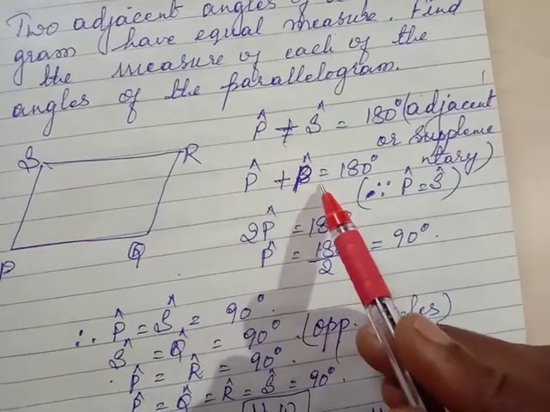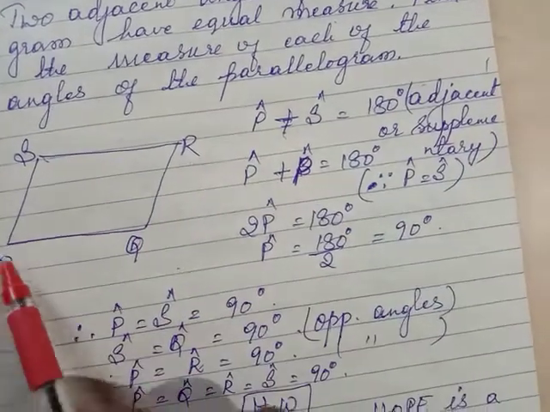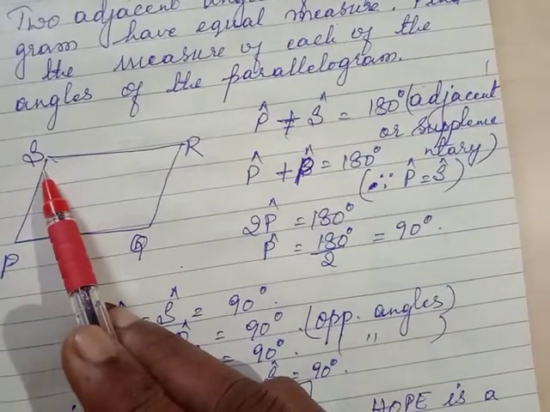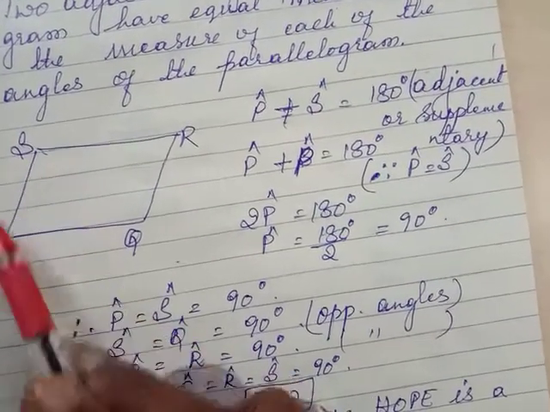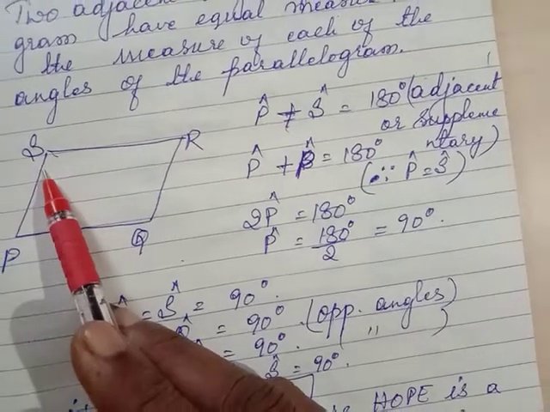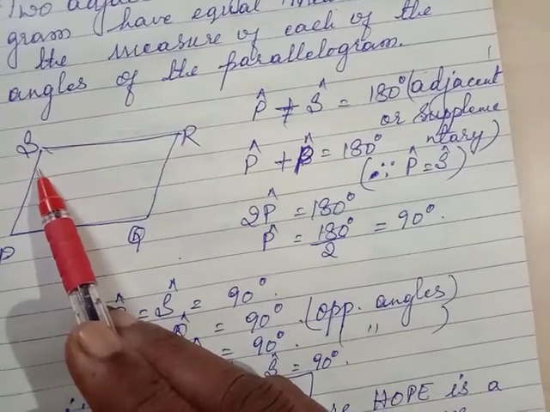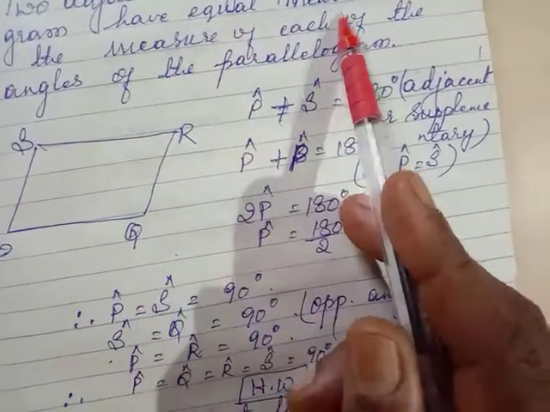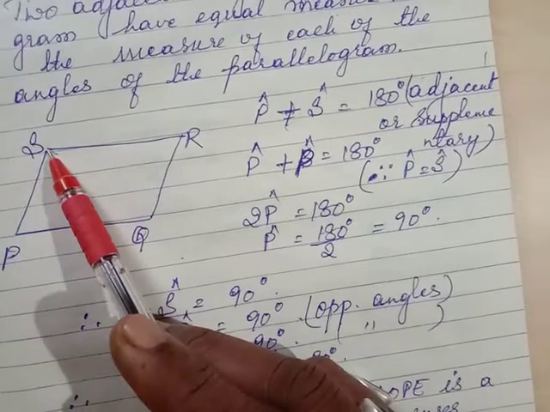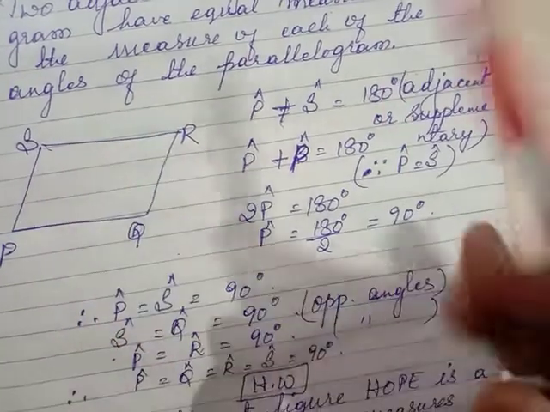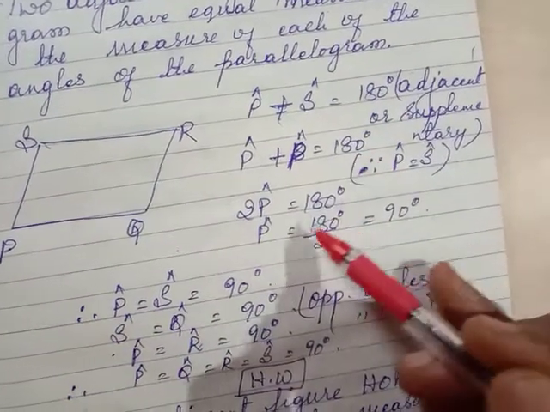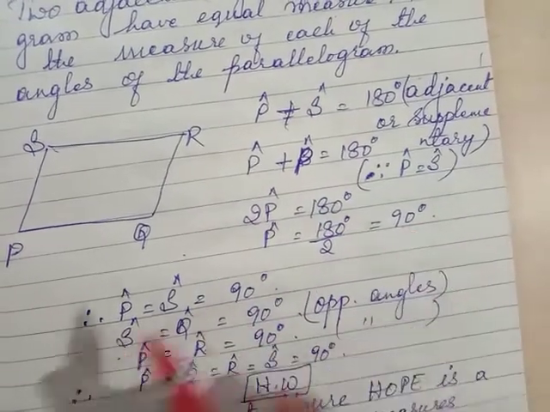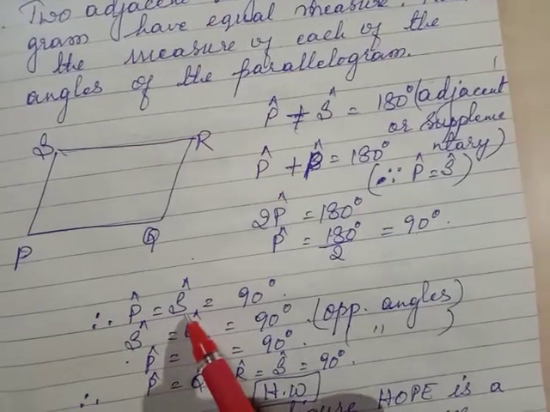Why are we taking it like this? Because two adjacent angles have equal measure, angle P is equal to angle S. So 2P is equal to 180, P is equal to 180 by 2, that is 90 degrees.